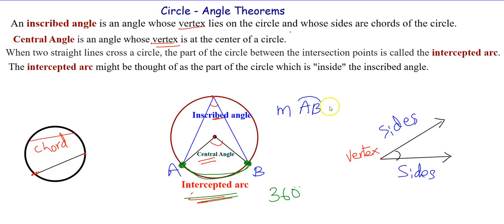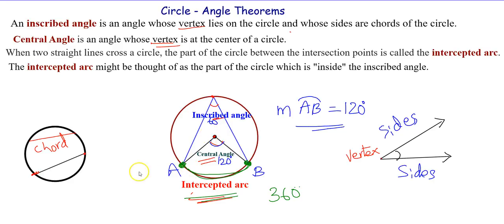So the measure of arc AB can be something like, let us say, 120 degrees. If the measure of the arc is 120 degrees, then the measure of the central angle at the center will also be 120 degrees. But the measure of the inscribed angle is going to be half of this 120, which is 60 degrees.